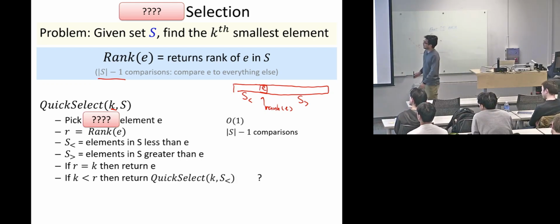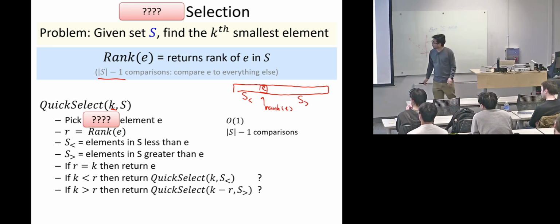If the rank that we want to find is less than R, the rank of E, just recurse on S less than and find the k smallest guy there. Otherwise, I will need to recurse on S more than, but the rank that I want to find is going to be k minus R there. Why is that?